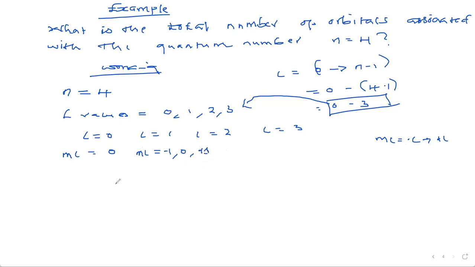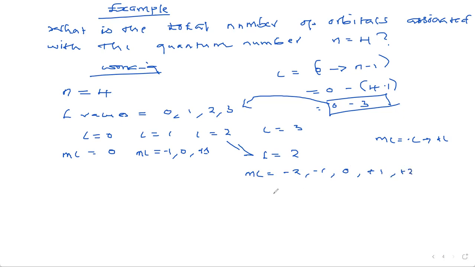When L is equal to 2, ML is equal to negative 2, negative 1, 0, positive 1, positive 2.